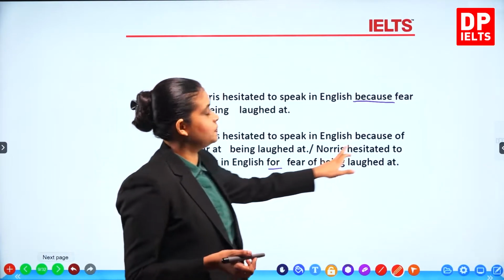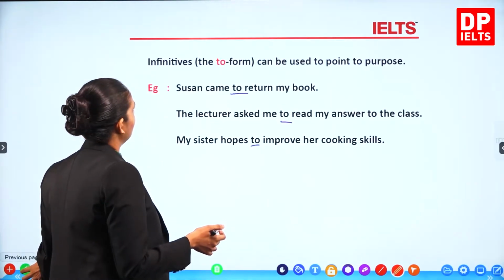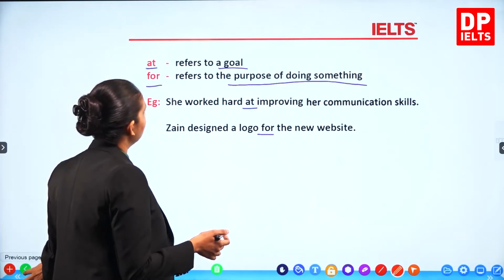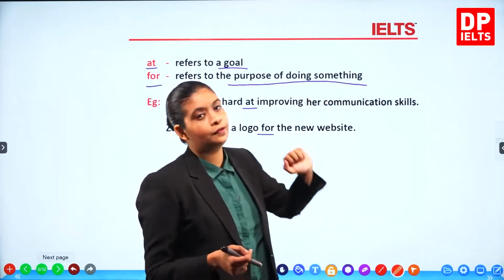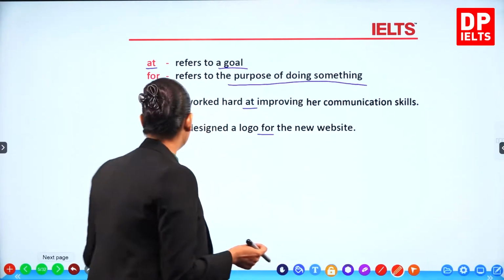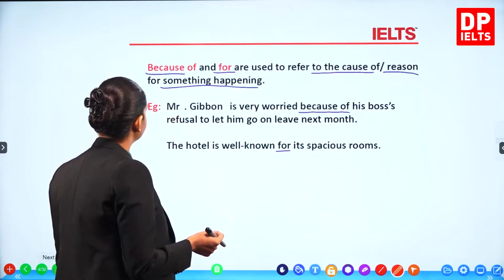You could either use because of, because you're giving a reason, or why would you use for? Now, what is the reason there? It refers to the purpose of doing something, okay? So that is why you would use for, right?